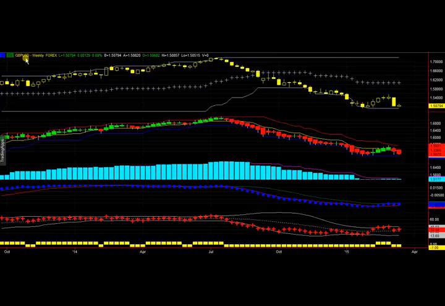This is a weekly chart of the British pound versus the US dollar. And let's go back a bit in time to October 2013 on the right side of the super trend, and everything was hunky-dory for a while.